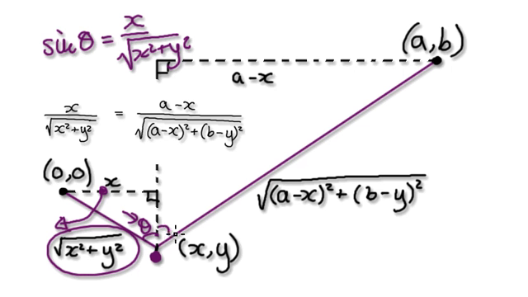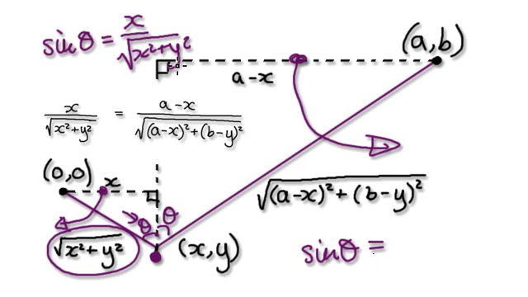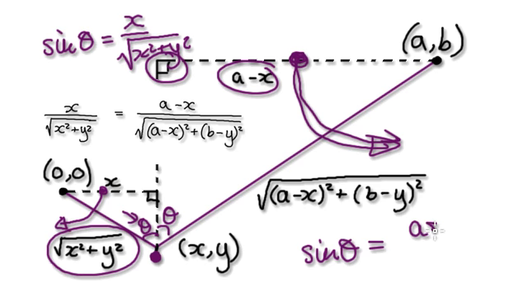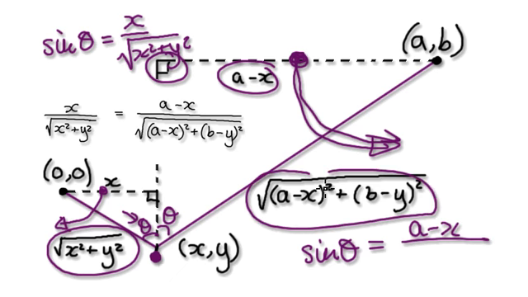And then if you call this theta here, then on this side, if the angle is here and the right angle is here, sine theta would be this thing, a minus x, over this long thing here, over root a minus x squared plus b minus y squared.